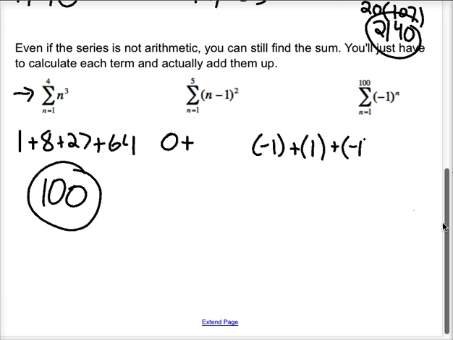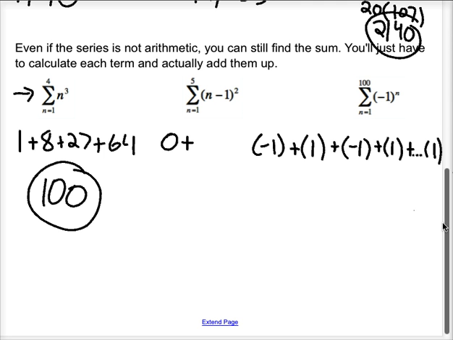Well, any odd power will stay negative. Negative 1 to the 4, an even power, will make it positive. All the way up to the 100th power, an even power. So we're going to end on an even note.